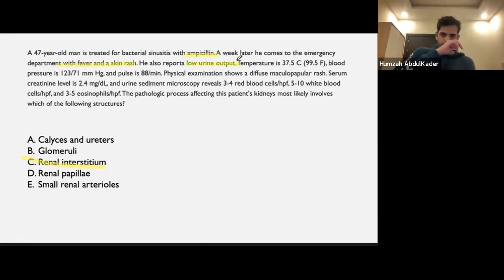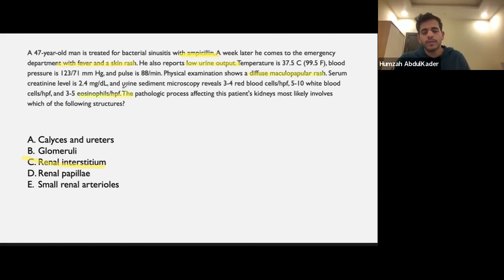In acute interstitial nephritis, for whatever reason, in this case drug induced, they get inflammation of the interstitium of their kidneys. Another thing you want to look out for here is the diffuse macular-papular rash and eosinophils.